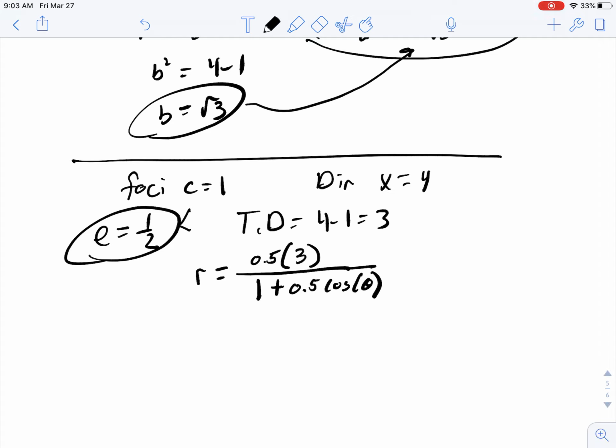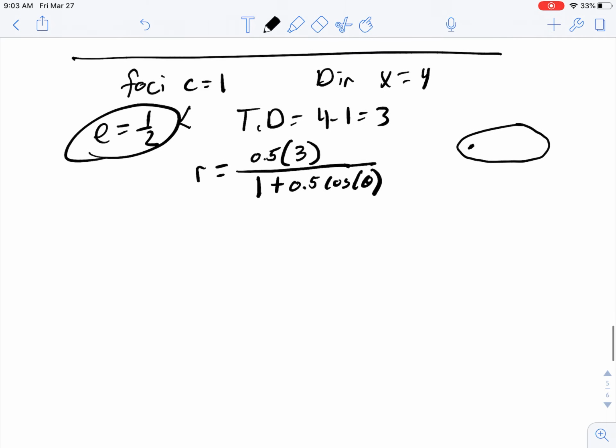Now, since the eccentricity is less than 1, you know it's going to be an ellipse. So your focus, I think, would be there. So you graph it out.